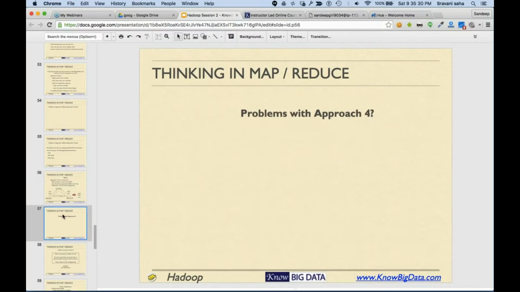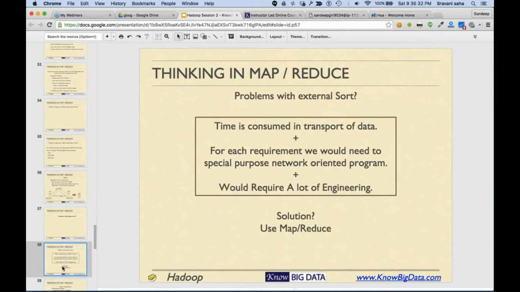All right, the problems with approach number 4. First, a lot of time is consumed in transporting the data. At least the data from one side is unnecessary. If you recollect, we are using HDFS in Hadoop, and in HDFS data is already distributed on many machines.